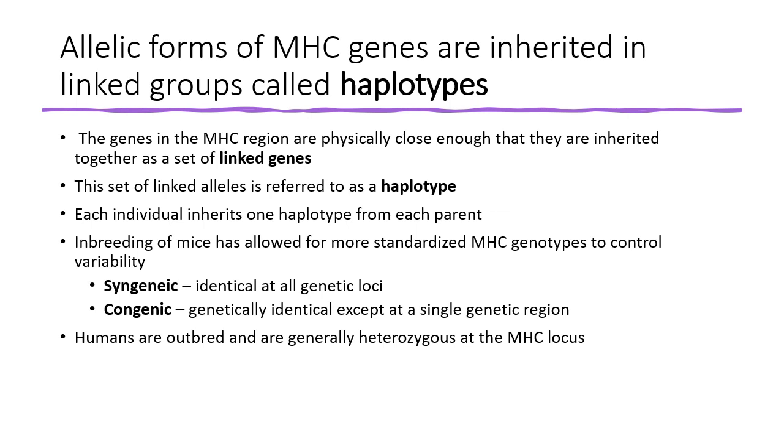Unless you spend hundreds of generations inbreeding your mice, this is difficult or impossible. We do have mouse strains that have been inbred for that long. Congenic mice are genetically very similar. They're identical except at a single genetic region, one place that's different. So any differences between those two mouse strains have to be due to that one genetic difference. And one of the first places we did this was in immunology.